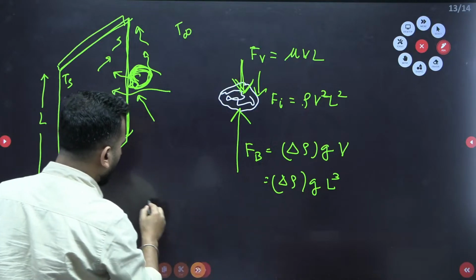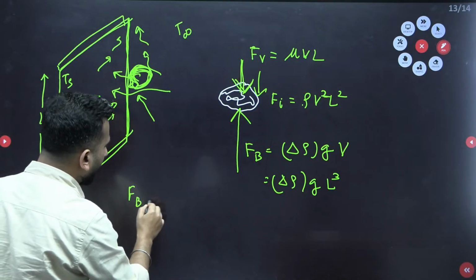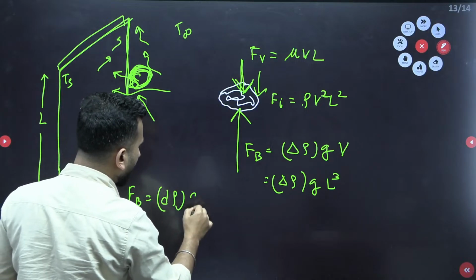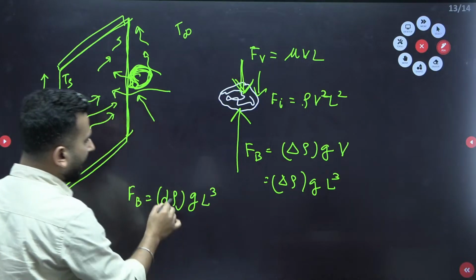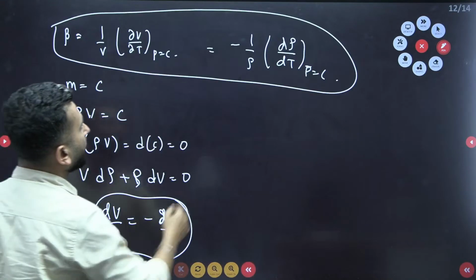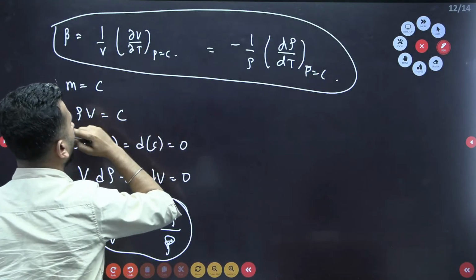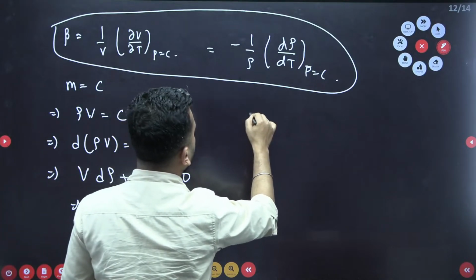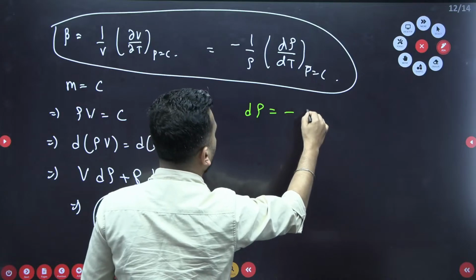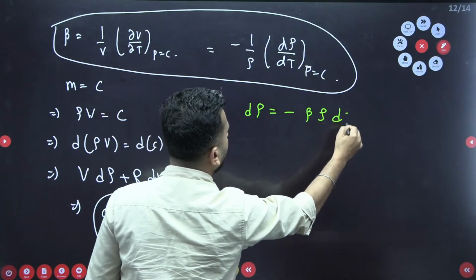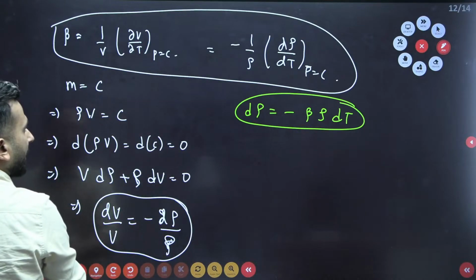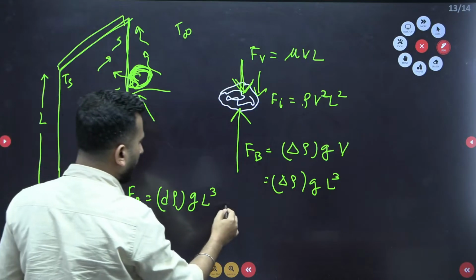Now what is Fb? It is delta rho g into L cube. Now from your concept of coefficient of volume expansion, can I write delta rho as minus beta rho dT? I am using it over here.